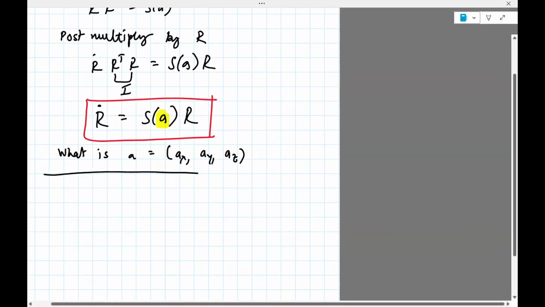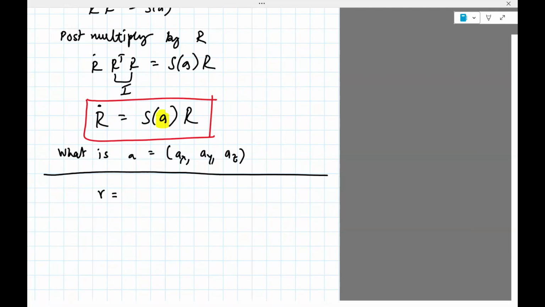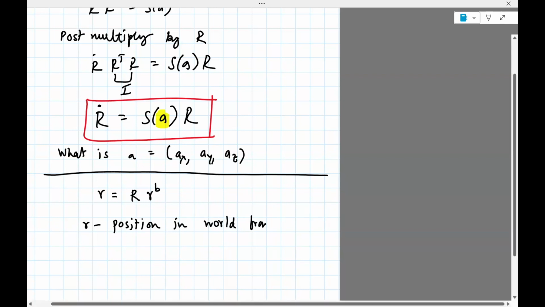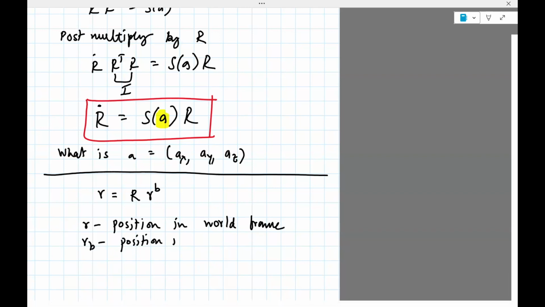So here's what we'll do. We can write the position of a body which is floating in the air. Let's assume that it's only rotating, it's not translating, as R times RB, where R is the rotation matrix taking the position in the body frame, RB, to the position in the world frame.